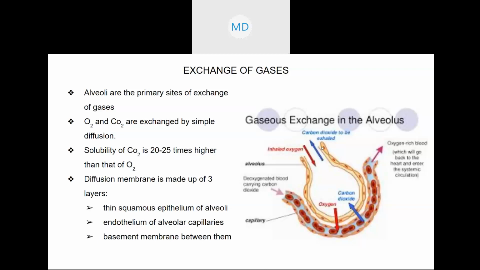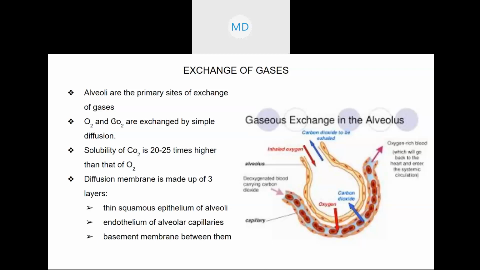It is a passive process, not an active process. It happens involuntarily and will go on, passing through the membrane. Simple diffusion means the solutes, whatever is present, such as carbon dioxide and oxygen, pass across the membrane without any help from any external material.